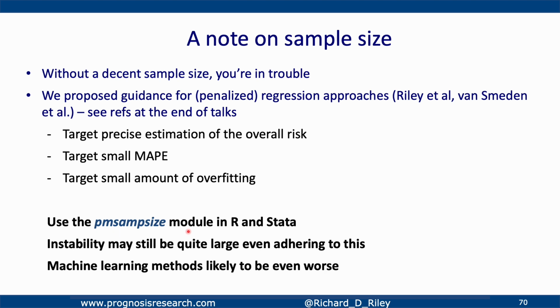And then the pmsampsize module in R and Stata, produced by Dr. Joie Ensor, allows us to quickly derive the sample size. Even adhering to this, which is the minimum, the instability may still be quite large, and machine learning methods are likely to require much larger sample sizes than pmsampsize estimates.